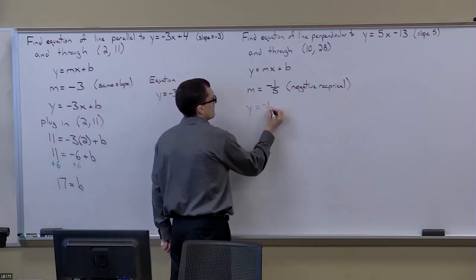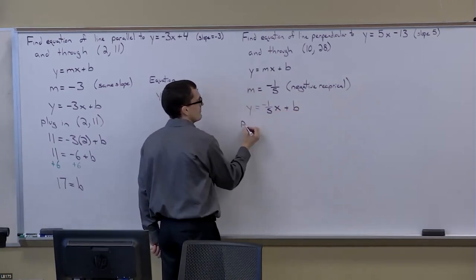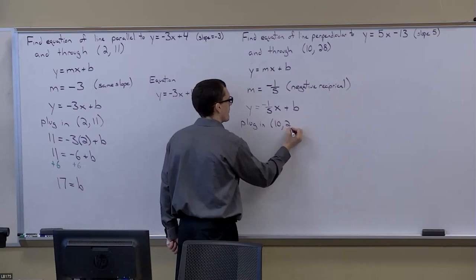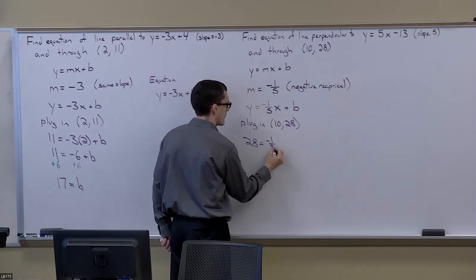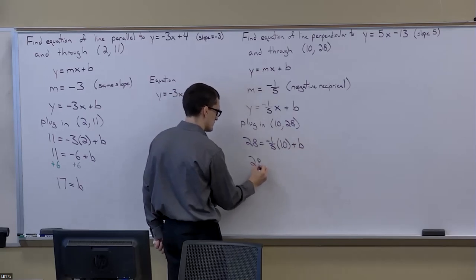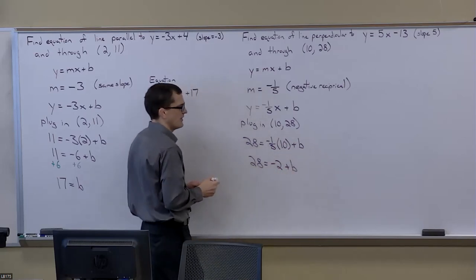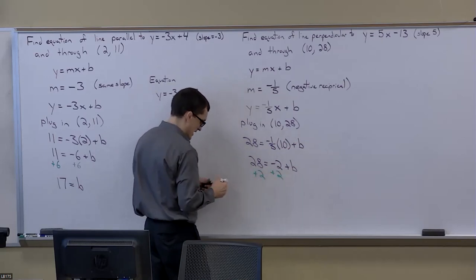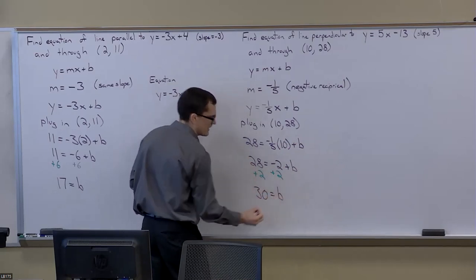So now we're off to the races. y equals negative 1/5 x plus b. Plug in (10, 28). And then when I solve for b, I ended up getting a b of 30.